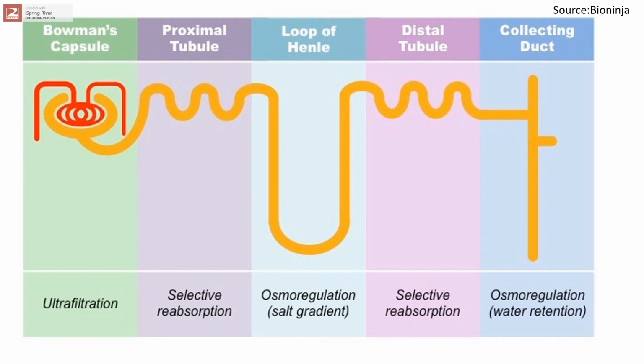The renal corpuscle is composed of the glomerulus and the Bowman's capsule, also known as the glomerular capsule. The main function of the renal corpuscle is to filter water and dissolved substances in the plasma.